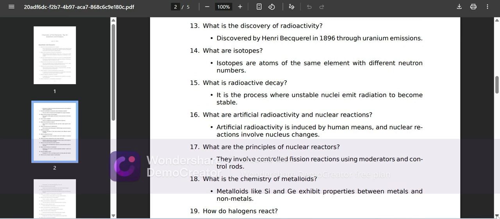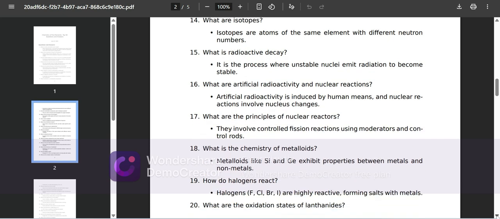What are isotopes? Isotopes are atoms of the same element with different neutron numbers. What is radioactive decay? It is the process where unstable nuclei emit radiation to become stable. What are artificial radioactivity and nuclear reactions?